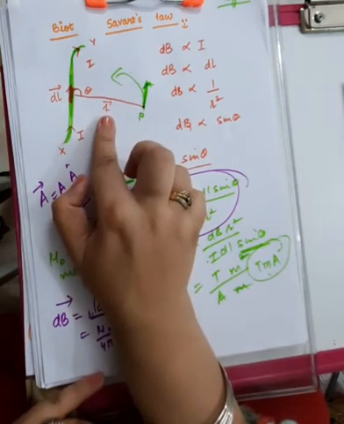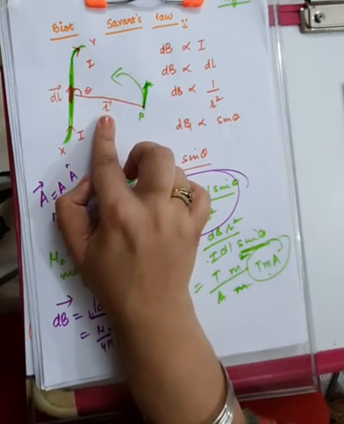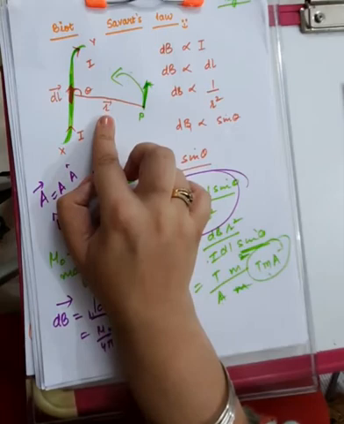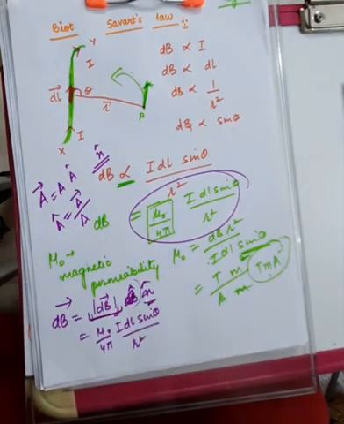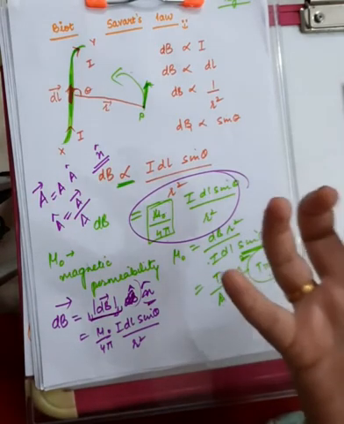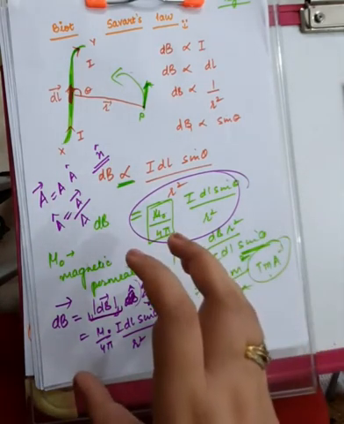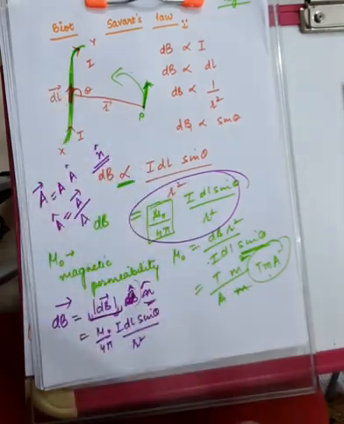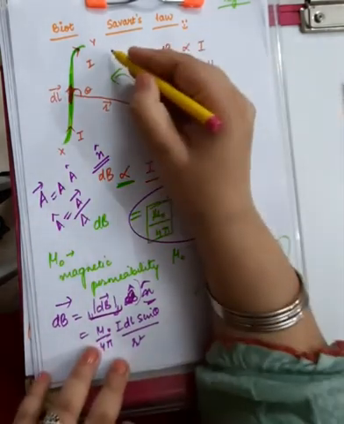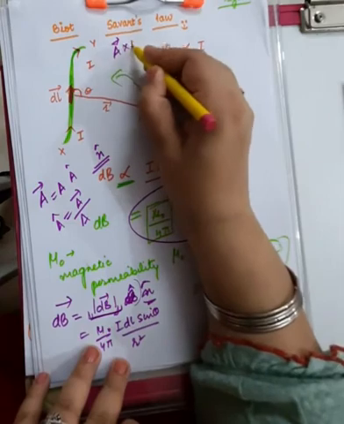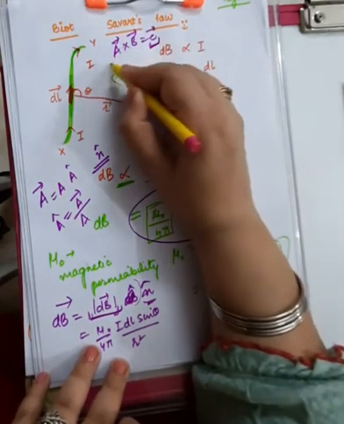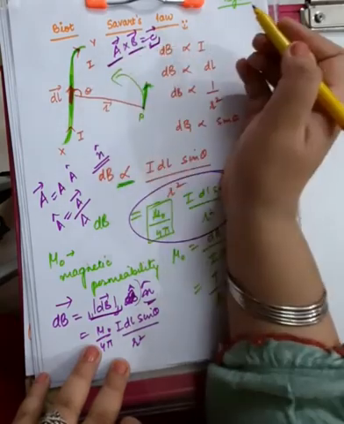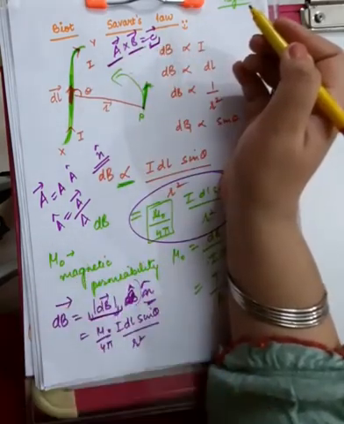dl cross r. Last time when I explained vectors, I told you that when you talk about the cross product of two vectors, the cross product is equal to C vector, and that cross product is perpendicular to the two vectors out of which it is formed. For example, if you have A vector cross B vector equals C vector, now this C vector will be perpendicular to A vector and B vector. Remember that? So that's about cross product.